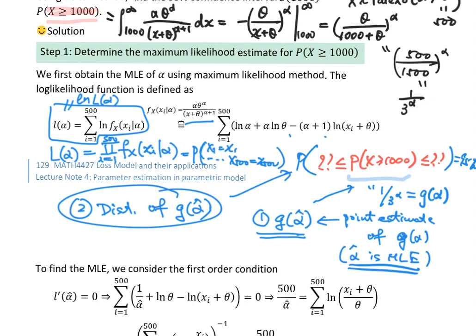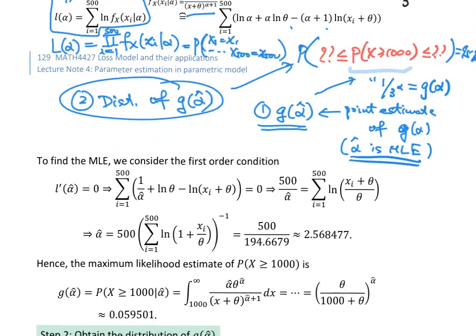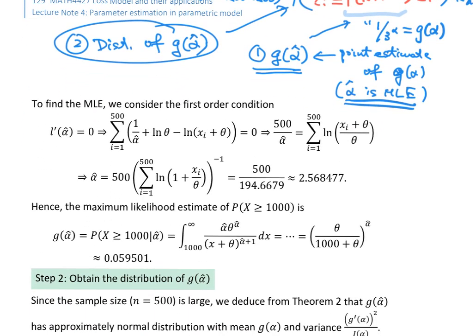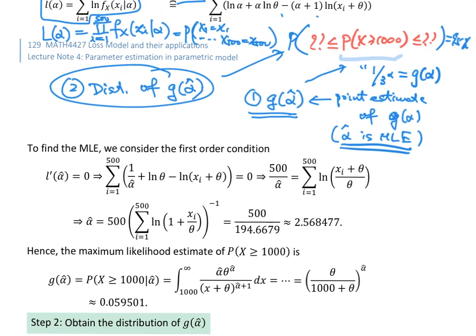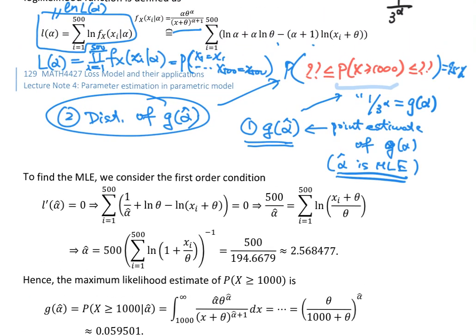Once you have this log likelihood function, the next step is to find the maximum likelihood estimate of this alpha. Remember, we get this by choosing the alpha that maximizes your log likelihood function. To do that, you consider the first order condition: you differentiate your log likelihood function and set it equal to 0.